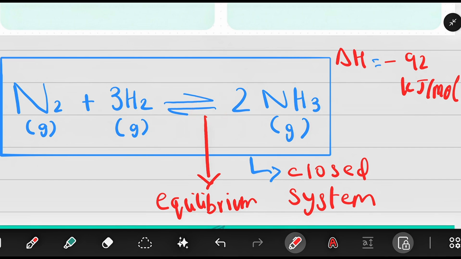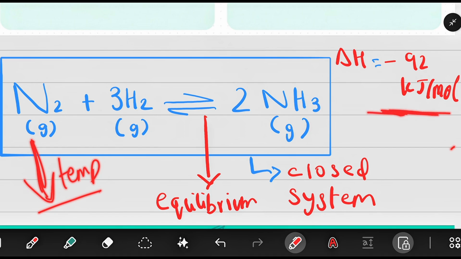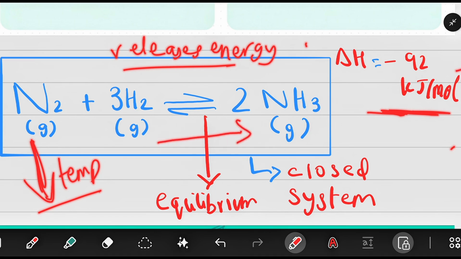Now if I were to decrease the temperature of this reaction mixture, what will happen is that because the forward reaction is an exothermic reaction, which means it releases energy to the surroundings and increases the temperature of the surroundings, the position of equilibrium will shift more towards the right in order to release the energy.